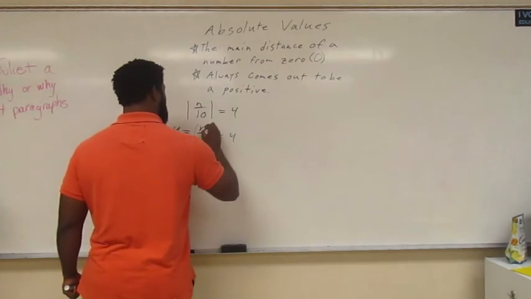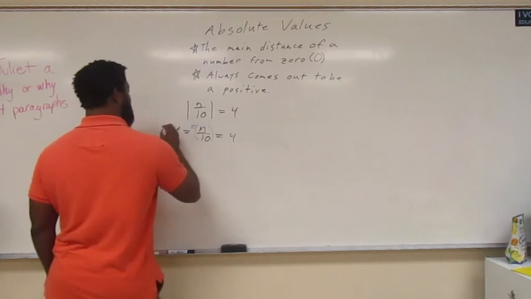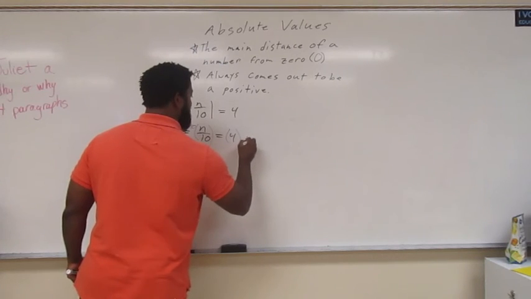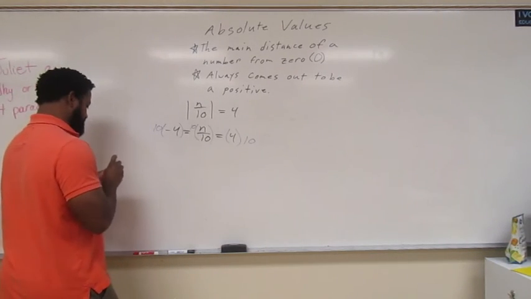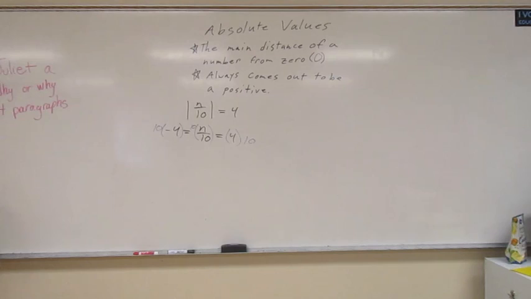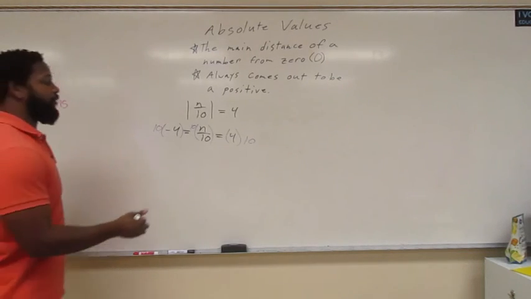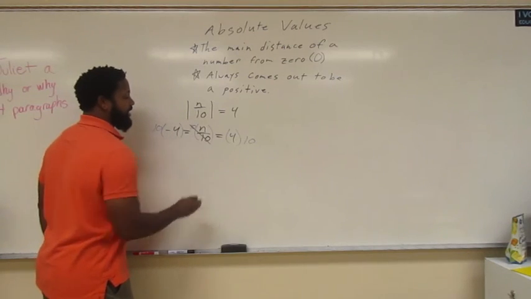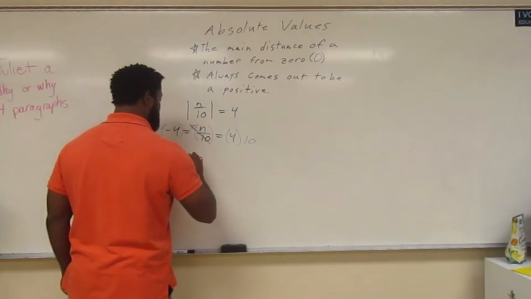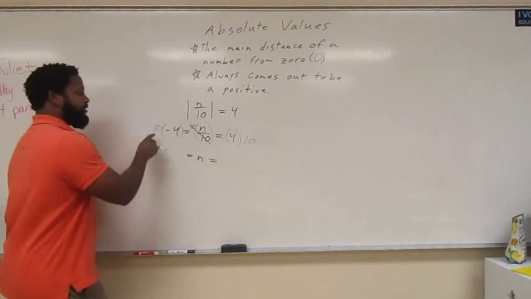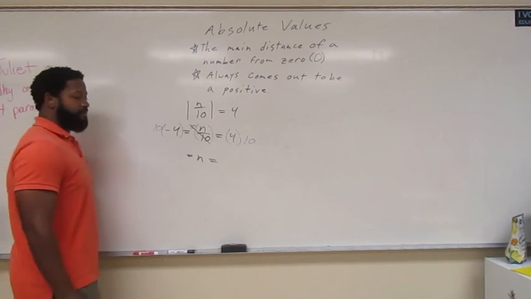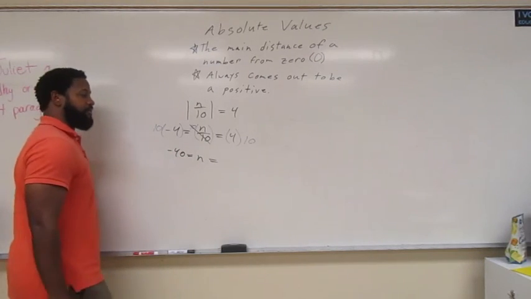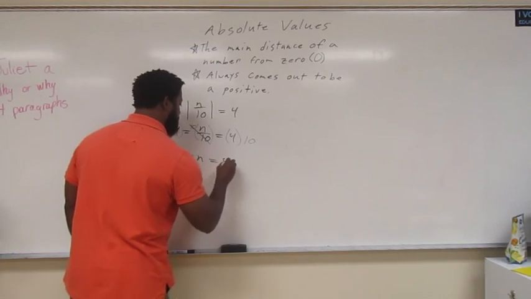So therefore, always multiply your denominator. The 10s cancel out. N comes down. 10 times negative 4 is what? Negative 40. 10 times positive 4 is? Positive 40. This is easy. I got it now.